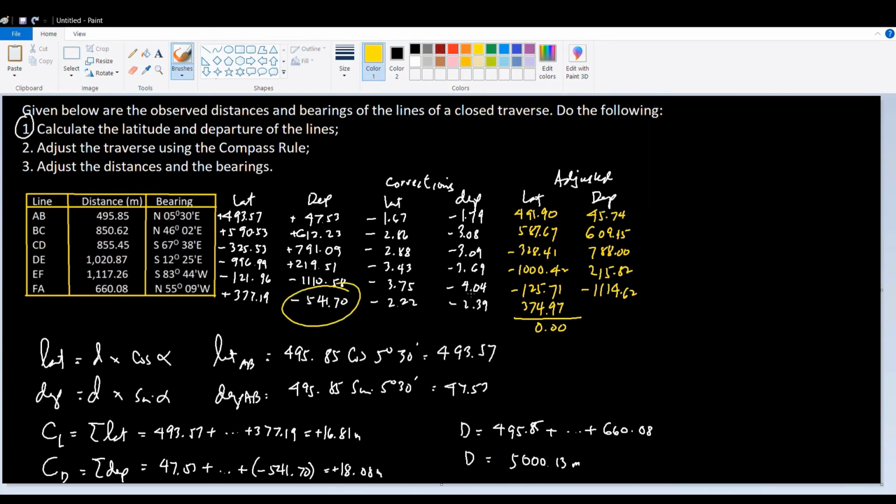Finally, negative 541.70 minus 2.39 is negative 544.09. Okay, again, you can check that, and the sum should be equal to 0.